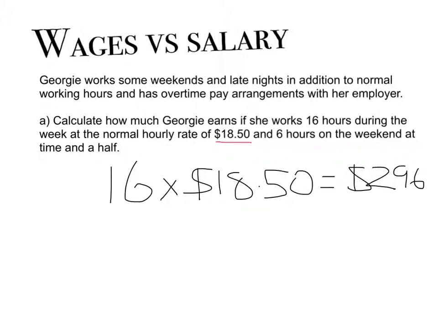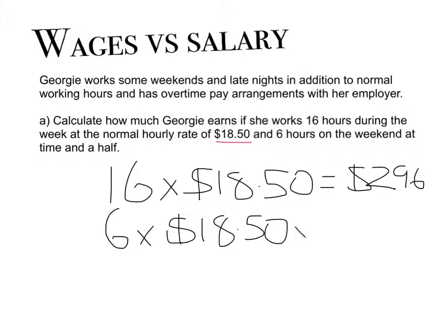So how do we work this out? Well, we go 6 multiplied by $18.50 multiplied by 1.5. This 1.5 here is time and a half because she's getting 150% of this $18.50, her normal rate.